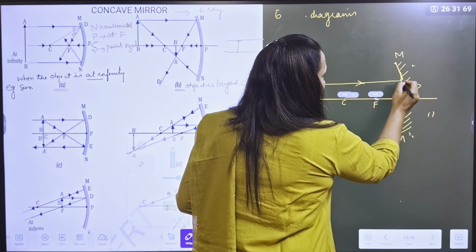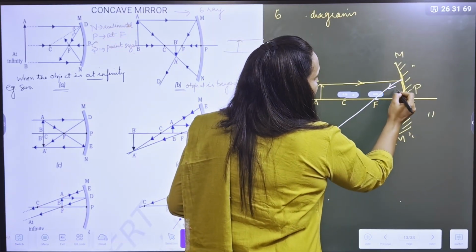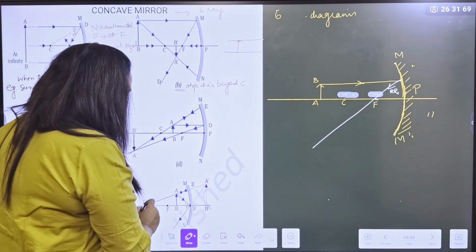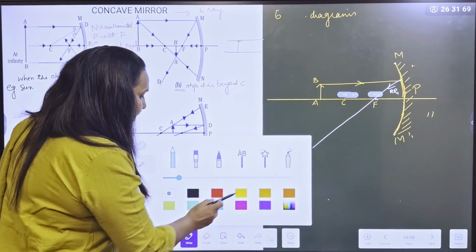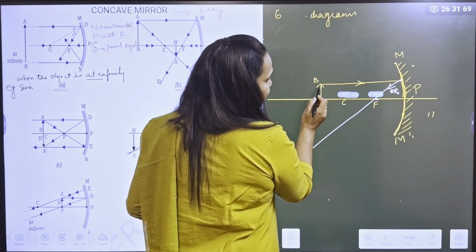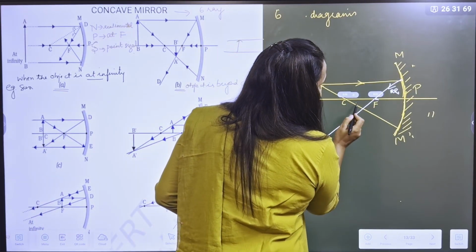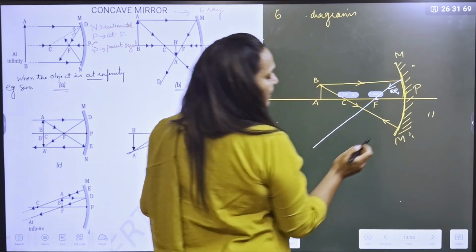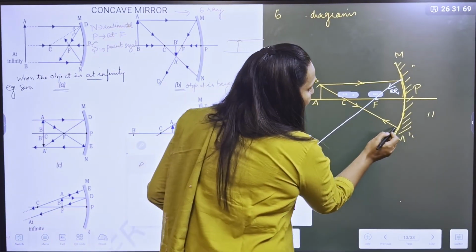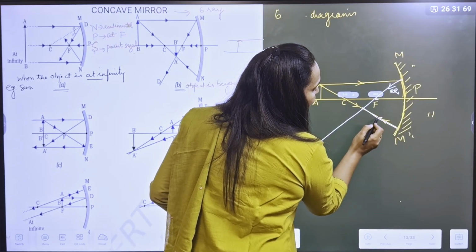It will pass through the focus. First reflected ray, right? Second, how will you draw? The second incident ray passes through C, the center of curvature. A ray going along the center of curvature will reflect along the center of curvature, right?